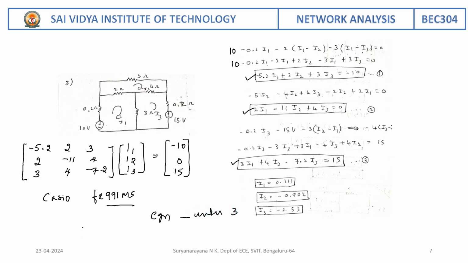Immediately you will get the prompt to enter A1. I'm now entering minus 5.2, and then it will ask B1, C1 and D1. So these are the values of A, B, C and D. On entering and pressing equals, you are going to get the answer, XYZ, which is nothing but I1, I2, I3 as shown.